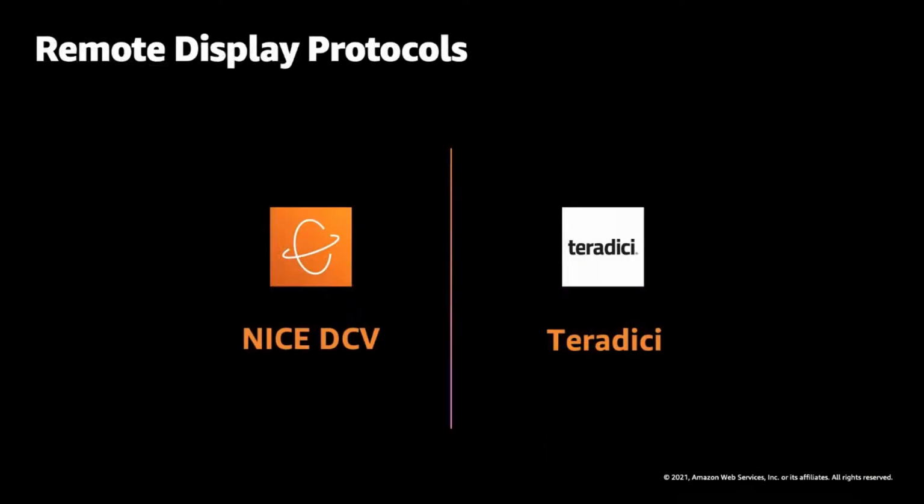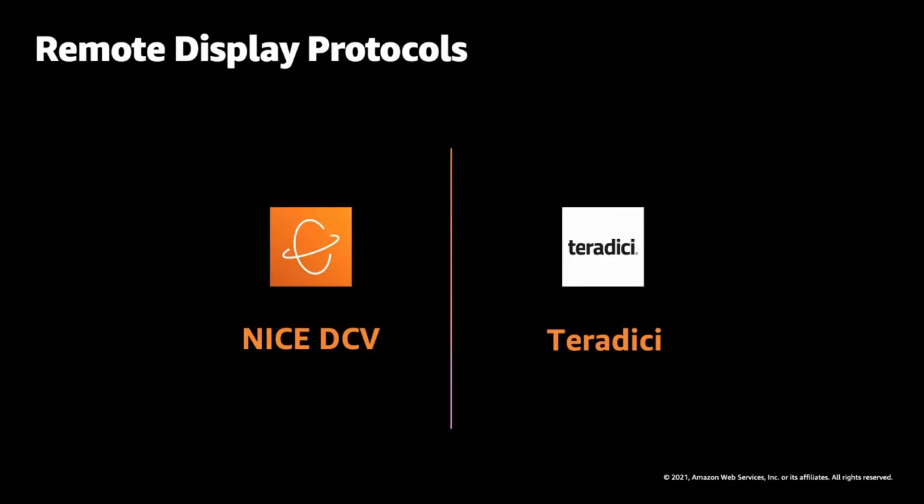I'd like to move on to talk about our partnership that we have. AWS has worked with multiple companies with remote display protocols. Today, I'm going to provide an example talking through NiceDCV and Teradici. AWS is pleased to announce that both NiceDCV and Teradici have published AMIs available in the AWS marketplace for G4ad instances.